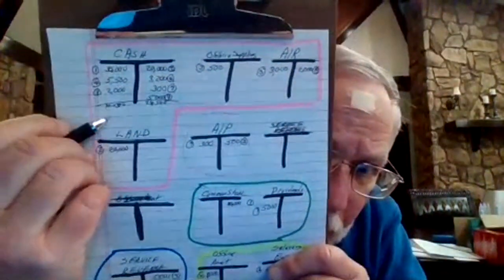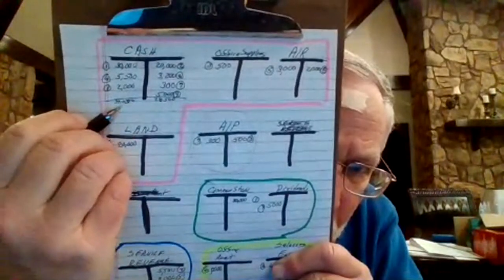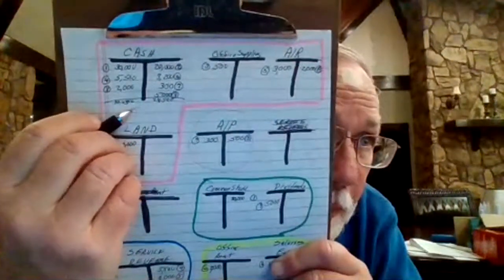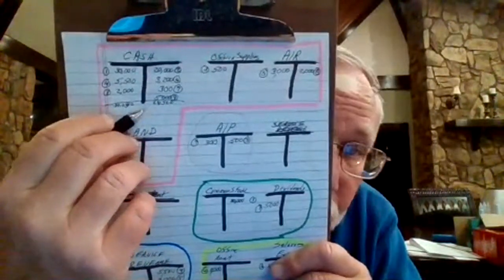And what do I have in credits? 23,200 plus 5,300. 28,500. So what I did, I added up the debits and I added up the credits and I put it in very small numbers. I did a subtotal here. This is called footing in accounting, pencil footing.